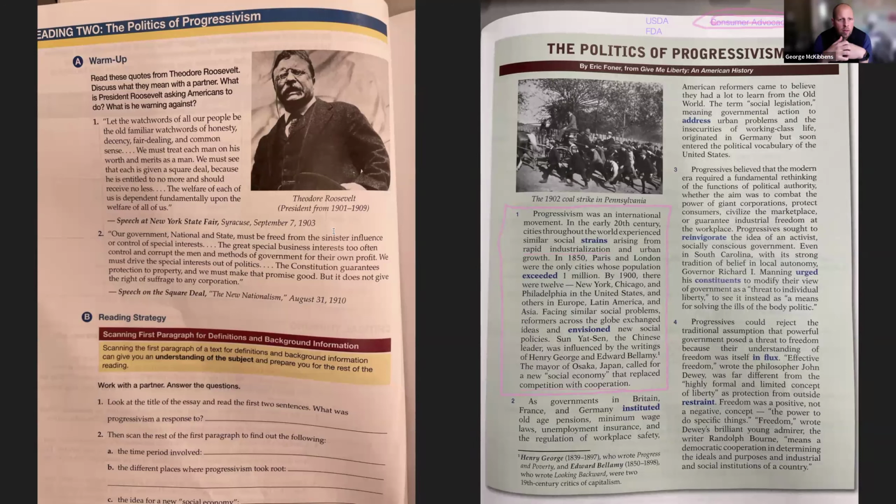So if a country is going through a period of building roads, building factories, building large infrastructure that has not been there before, that's called rapid industrialization.